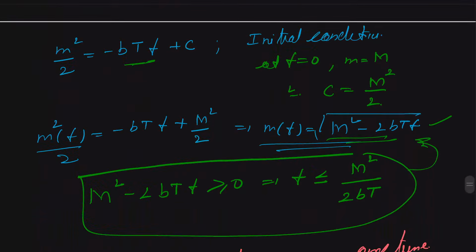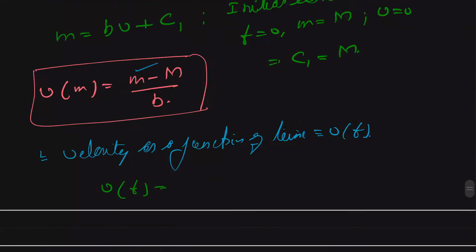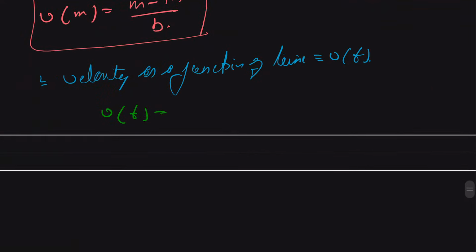Here it is. So we simply substitute this value, and we get this as our square root of m² minus 2bt, minus m, divided by b.